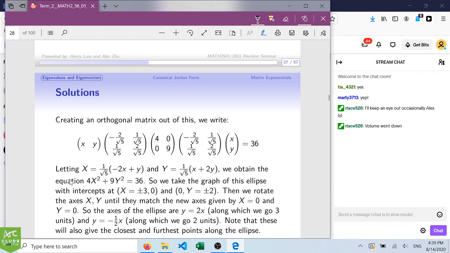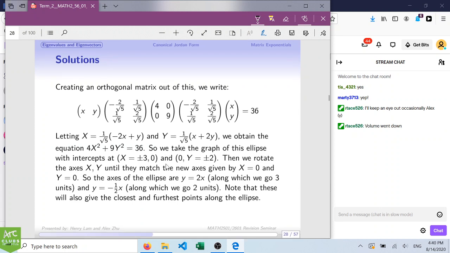Now, in this step, you have a matrix times xy, and a row vector times the matrix. What we can do here is make this into xy. If we let xy equal capital X, capital Y equal to this, we end up with the equation where X equals this thing and capital Y equals this thing.